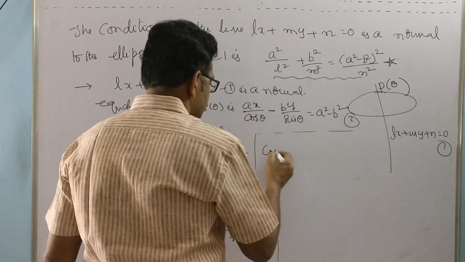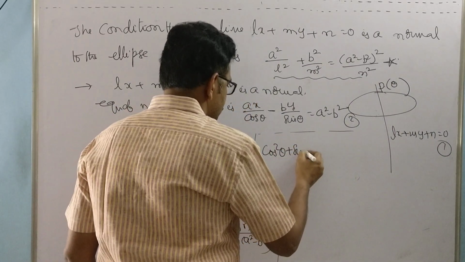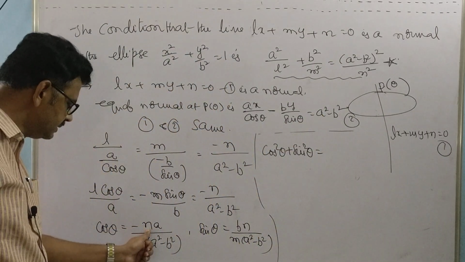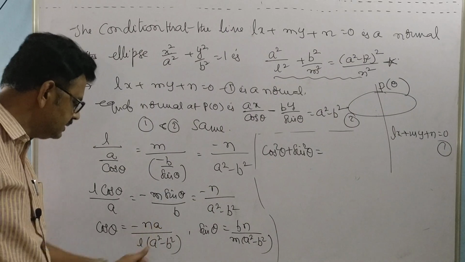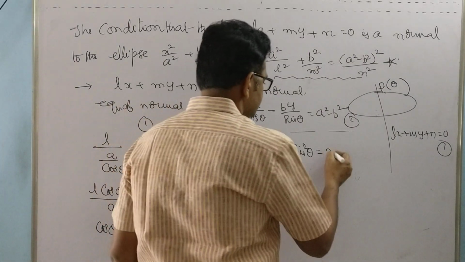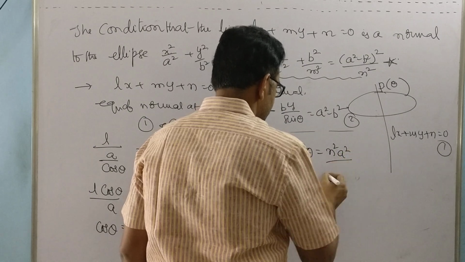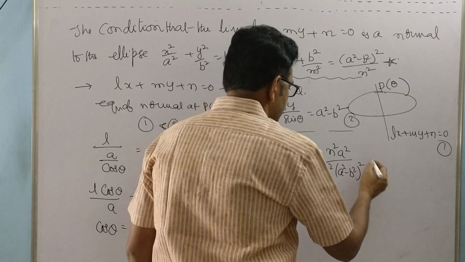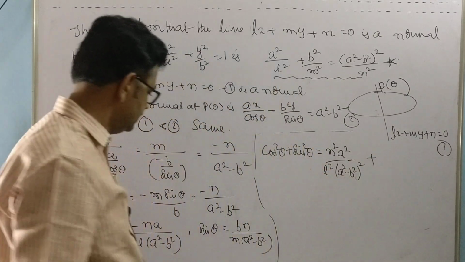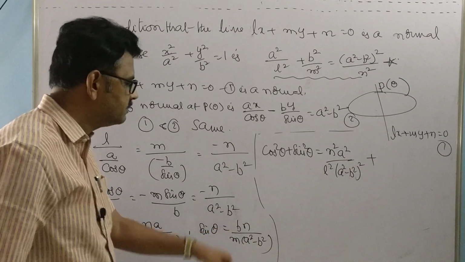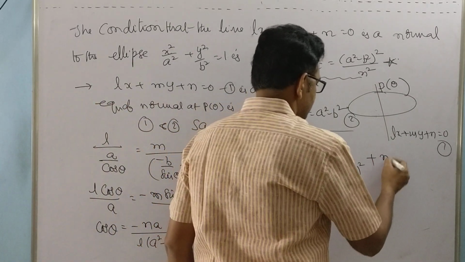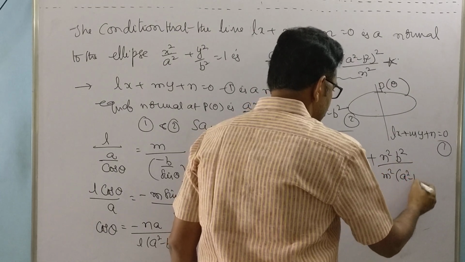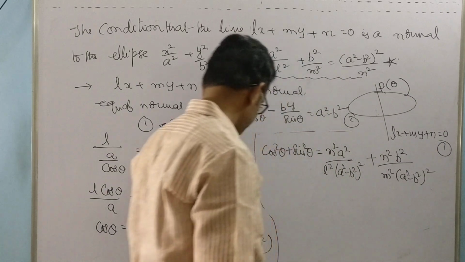Now cos square theta plus sin square theta is equal to, by squaring, N square A square by L square into A square minus B square whole square, plus sin square theta. Sin square theta is B square N square by M square into A square minus B square whole square.